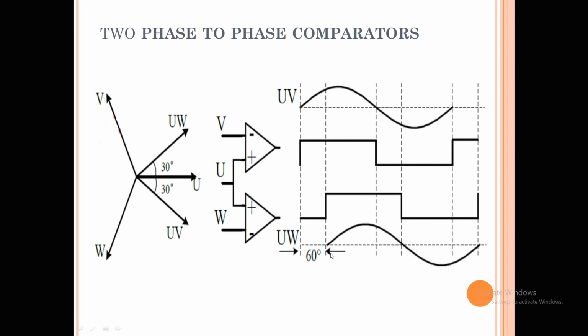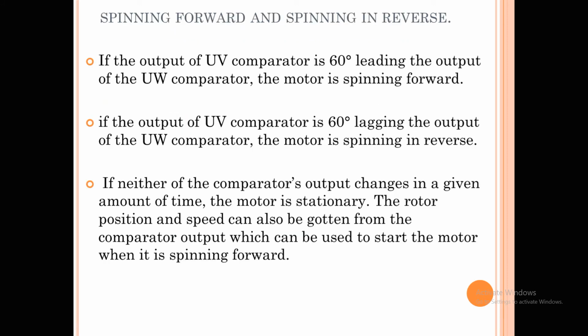If it's running in a reverse direction and you give the command in a forward direction, it will stop first and then start in a clockwise direction, or whichever direction you have selected. So this is the basic criterion: it first needs to sense the position, whether it's spinning and in which direction, and it needs to justify that first.